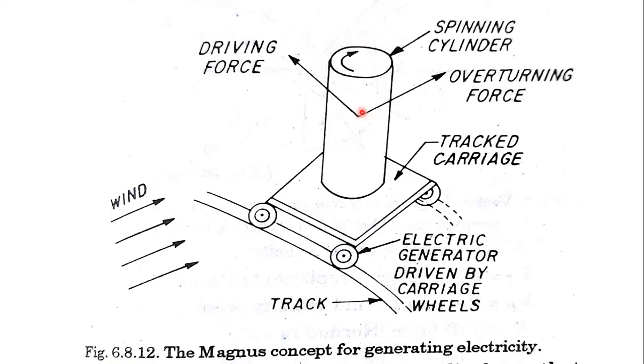This effect is equally applicable to a vertical cylinder being rotated about its axis in a crosswind. Because of this rotation, it will experience a force perpendicular to the axis, which causes it to move in a direction essentially perpendicular to that of the wind.